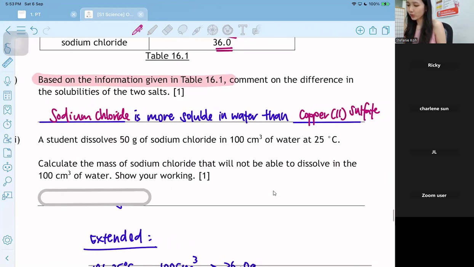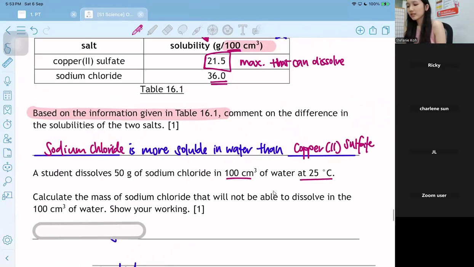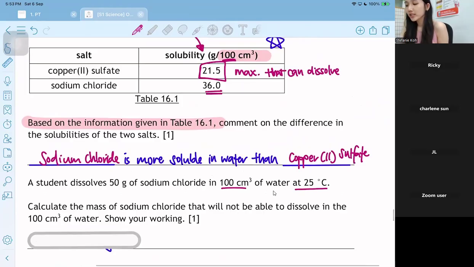Okay. Part 2. This is quite a common question. Part 2, they always like to ask you to find how much will not be able to dissolve. Okay, it's like Milo. You pour a lot of powder, right? Some of it cannot dissolve, right? So how much? So this is where the volume and temperature is important. At 25 degrees Celsius, for sodium chloride, we say we can only dissolve 36 grams, maximum.